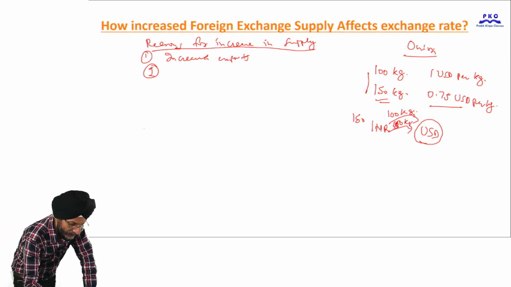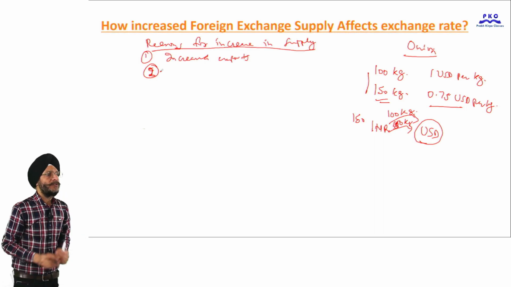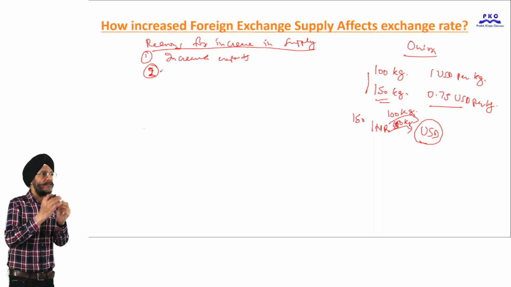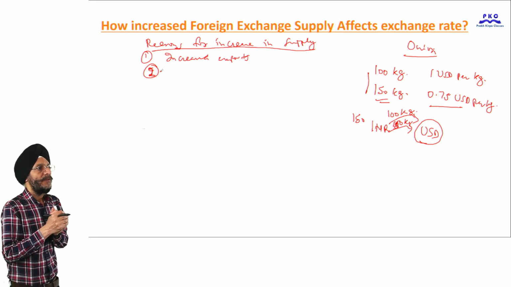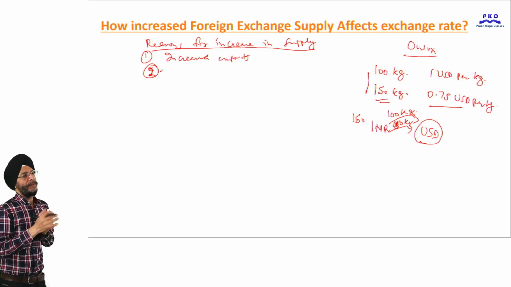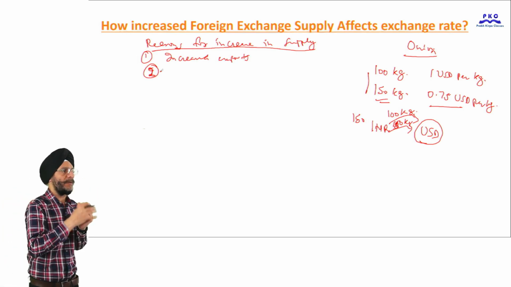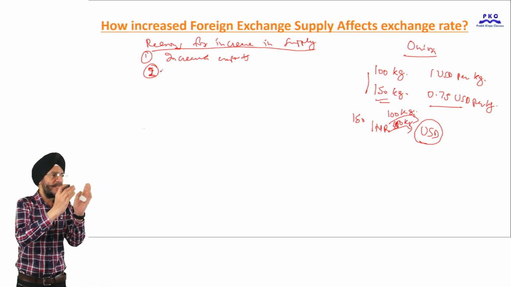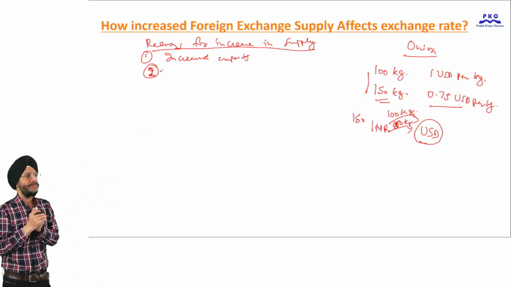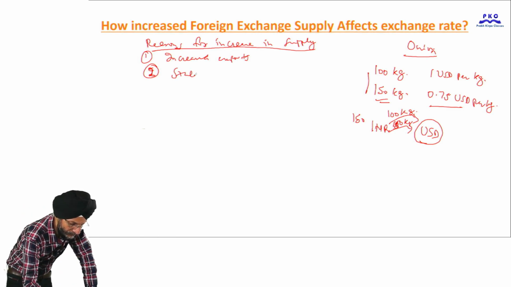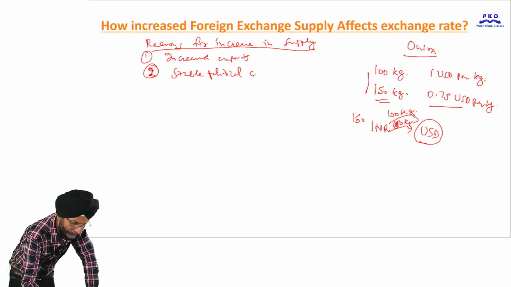Next, suppose in India there is an improvement in political climate. We are taking only an example. As compared to earlier, if there is stability in the political climate and the government is stable, what will happen?